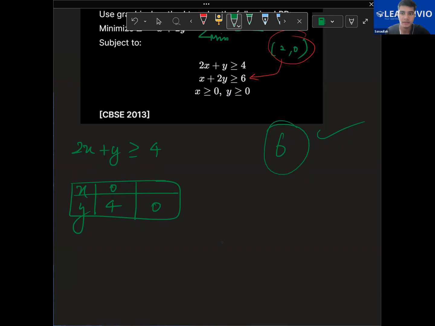Just check the direction of constraint equations. Yes, sir. 6.